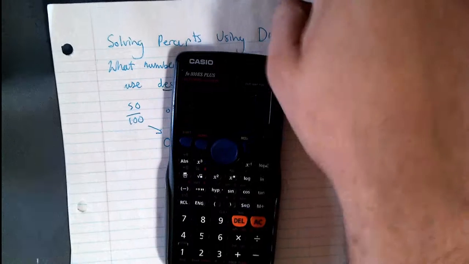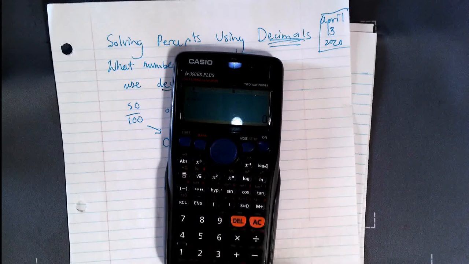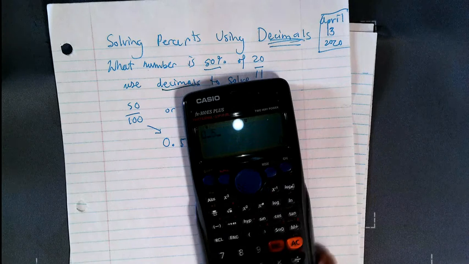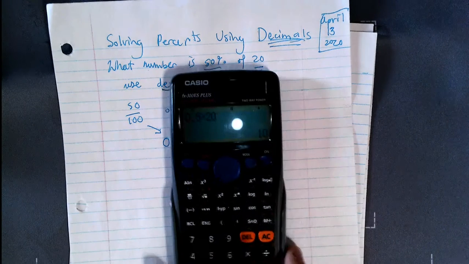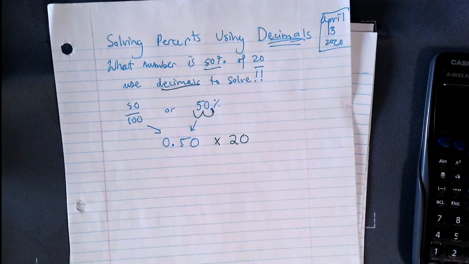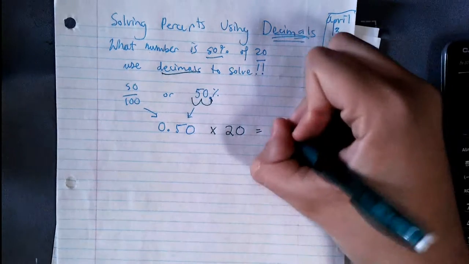Let's make sure that light's on. There we go. 0.5 of 20. Look at that. It's still 10. Excellent. That's basically the whole gist of it. 50% of 20 is equal to 10.